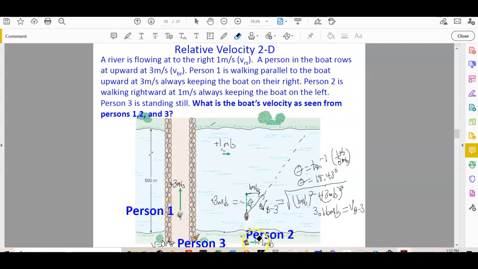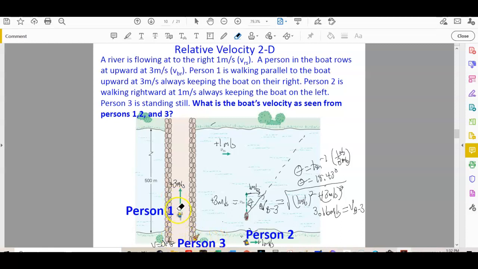Person number 2, if they're now the still reference frame, is going to see the boat just moving in the positive y direction at 3 meters per second. They're going to see person number 3 moving to the left at -1 meter per second.